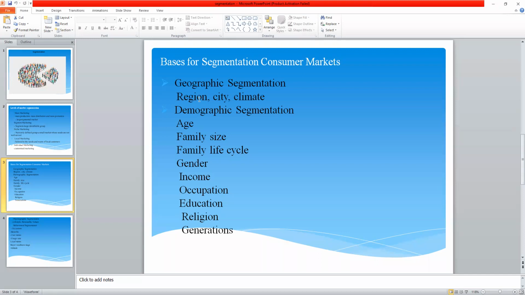Though today that won't be the criterion as far as urbanization is considered.